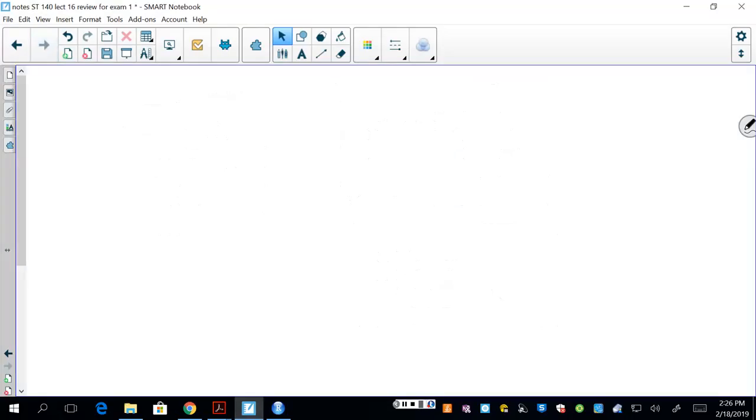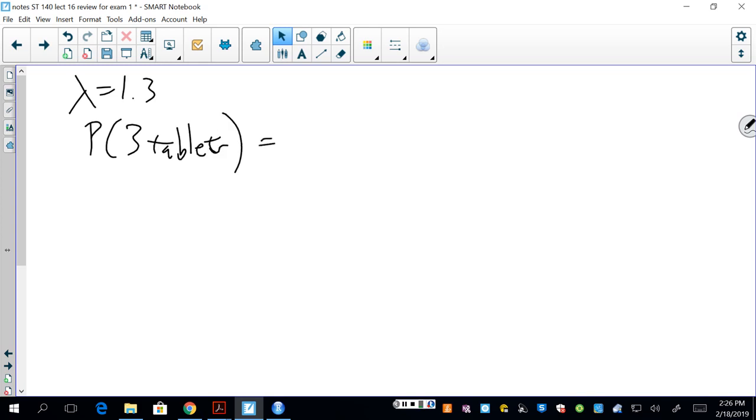If the rate is 1.3 per 10,000, the Poisson probability is the rate cubed, e to the negative 1.3, over 3 factorial. And so that would just be the probability for a single number. And it's possible that I would ask for a single number and then less than something. So we would do a single number, and then you have to add together 2 or 3.